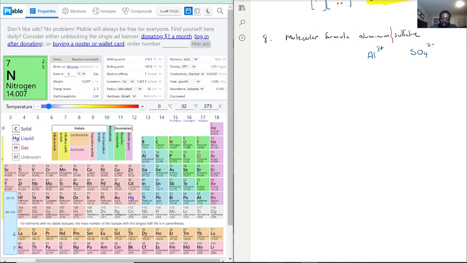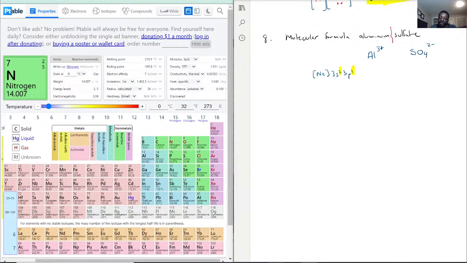If you wanted to use electron configuration, you'd start with neon, then 3s2, 3p1. That 2 and 1 is how you know that on the third shell for aluminum, there are 3 electrons in total. They'd rather give away those 3 than go through the hassle of trying to add 5 more.